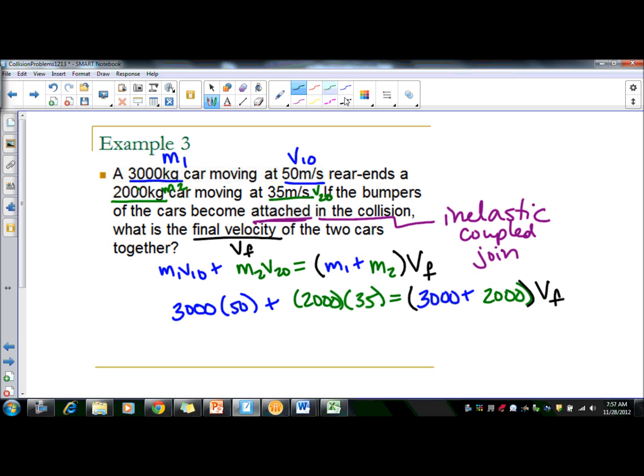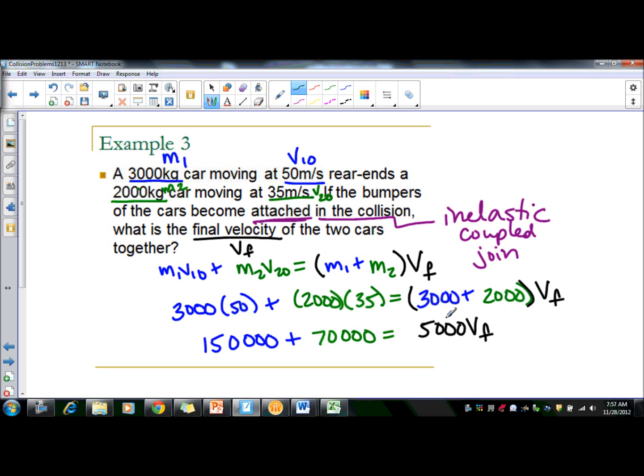So 50 times 3,000 gives you 150,000, plus 2,000 times 35 gives you 70,000. That's equal to the combined mass, which is 5,000, times VF.